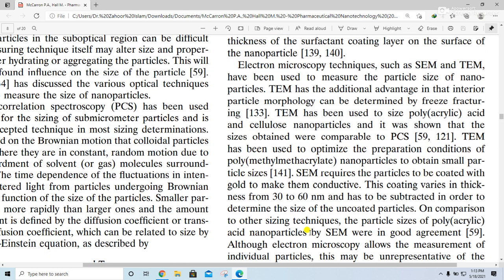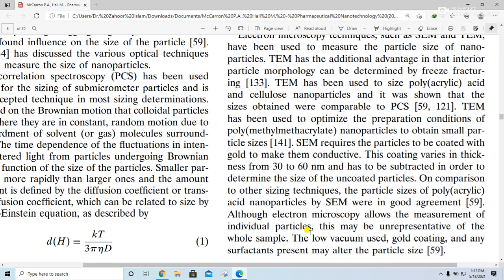Scanning electron microscopy requires the particles to be coated with gold to make them conductive, and this coating varies in thickness from 30 to 60 nanometers, which has to be subtracted in order to determine the size of the uncoated particles. In comparison to other sizing techniques, the particle size of polyacrylic acid nanoparticles by scanning electron microscopy was in good agreement.